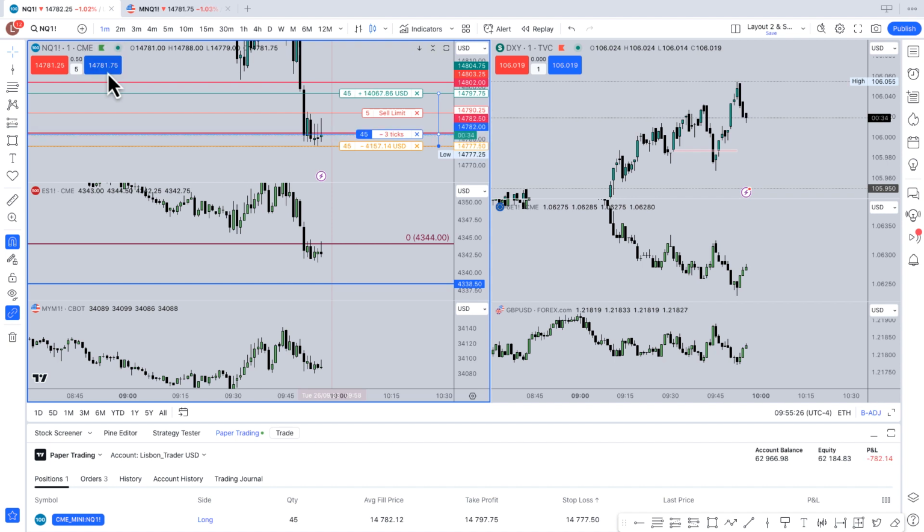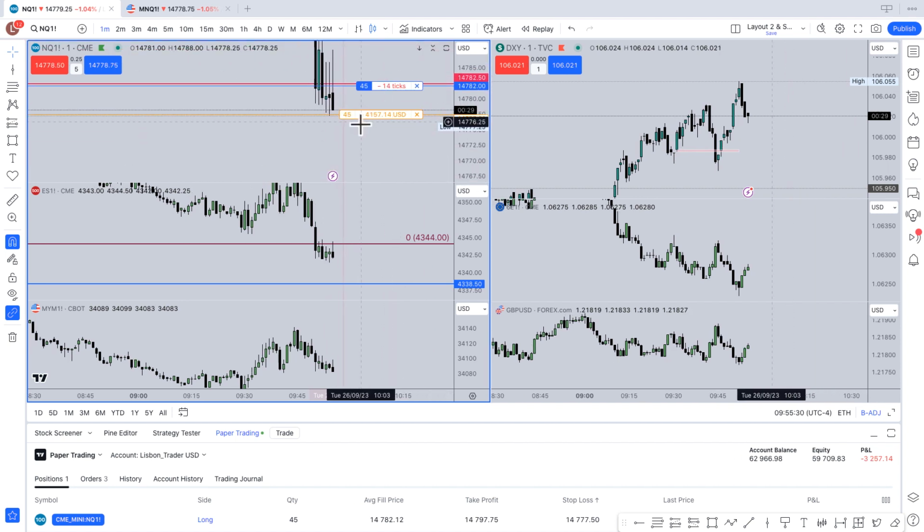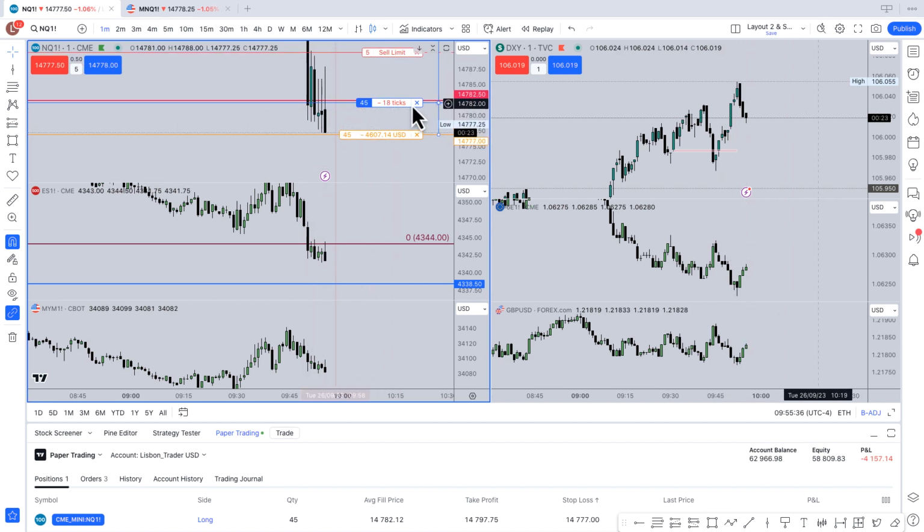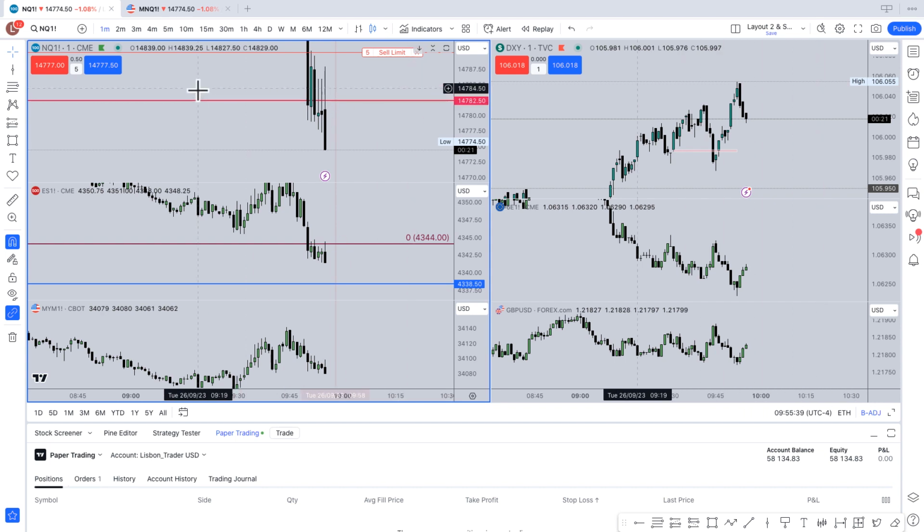Let's risk 5k on this one. There. Pivot, potential pivot. No, it will not go. Okay.